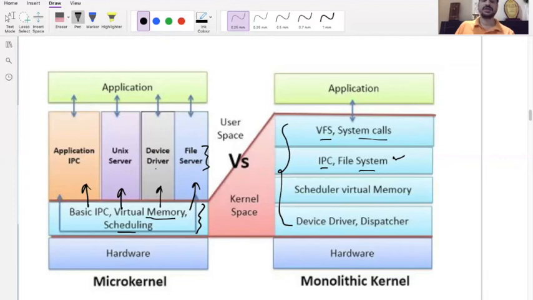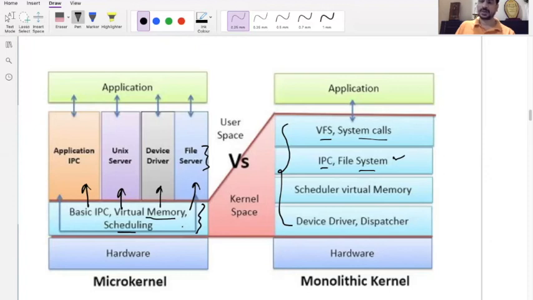So what are the advantages of the monolithic kernel? Your kernel size is very small, so we don't have to waste the memory space of the RAM. Let's say my RAM is 4 GB. Generally 1 GB will be set aside for the operating system, but with the monolithic kernel it will be only MB, say 1 MB or 2 MB taken from the RAM.